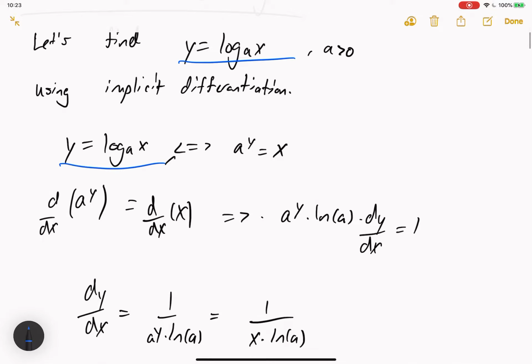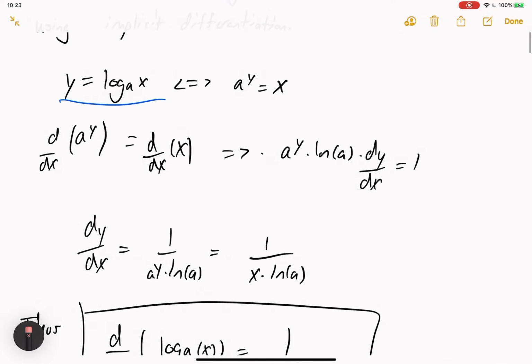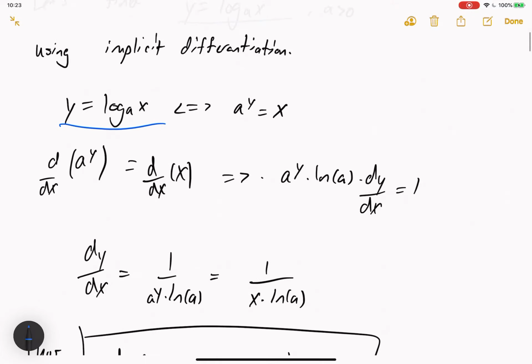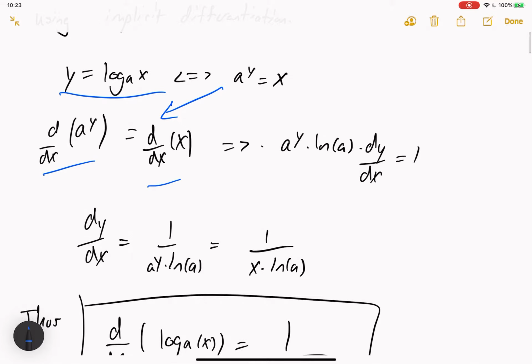If y is equal to log base a of x, then that's the same thing as a to the y is equal to x. So what we can do is take a derivative of this expression. We get d/dx of a to the y is equal to d/dx of x.